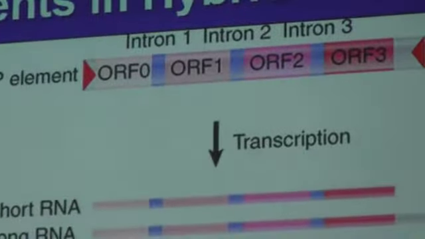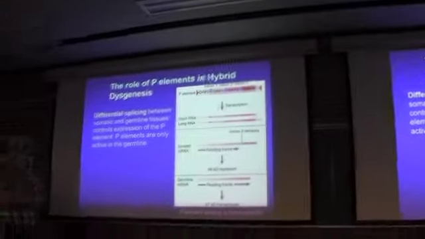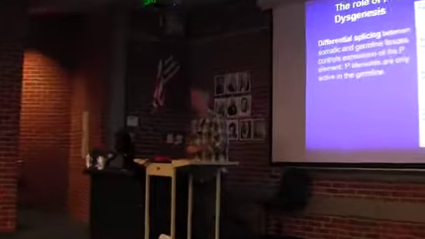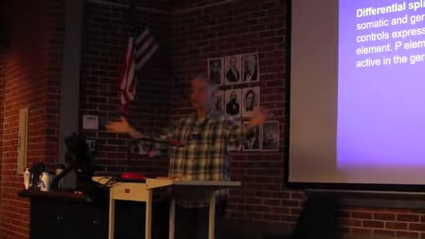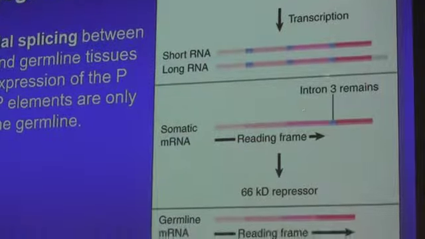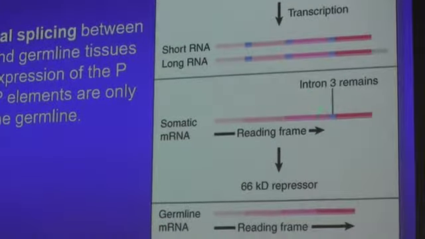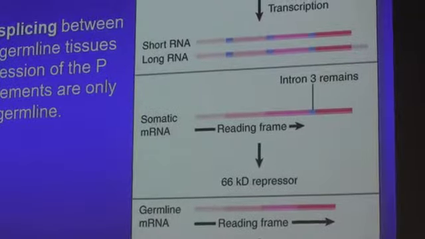It sits and binds to the sequence that happens to correspond to intron 3 on the transposase. It's in every somatic cell, so that means that everywhere P element is throughout the organism, except in the germ cells, it has a pesky host protein sitting on intron 3 of the messenger, preventing it from being spliced properly.